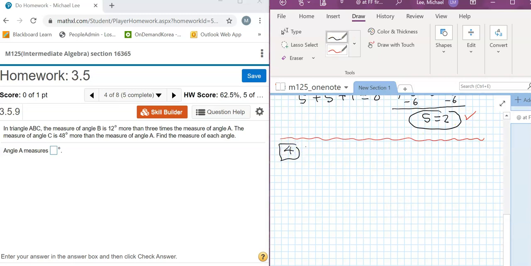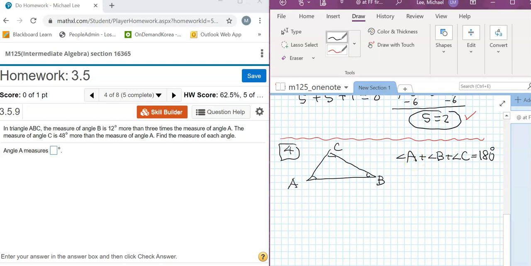In a triangle ABC, when you talk about angles in any triangle, if I call this angle A and B and C, angle A plus angle B plus angle C is always 180 degrees. They don't tell you, but they assume we already know that.